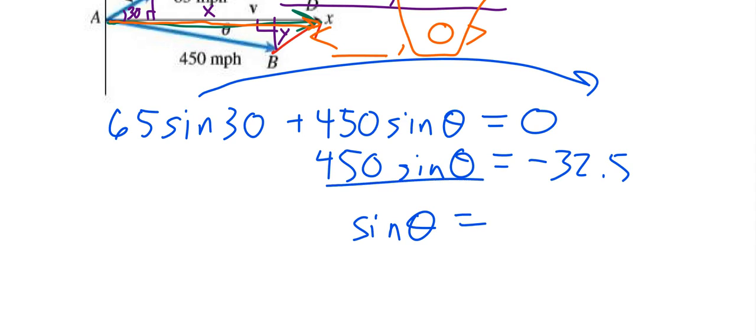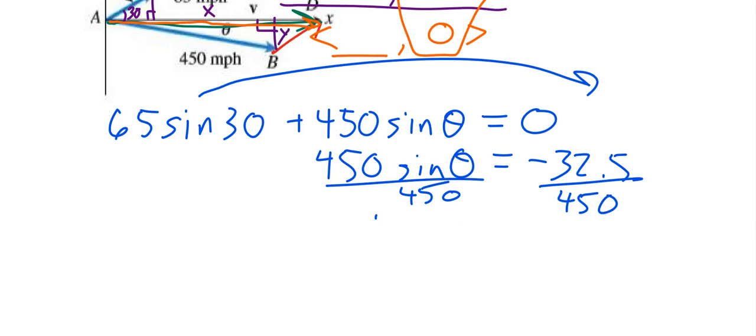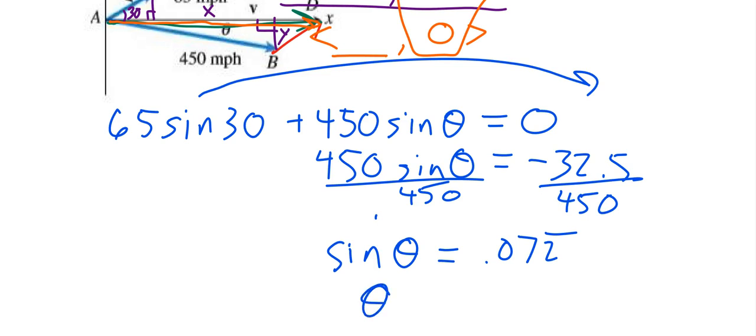Okay, so now sine theta, so we're dividing by 450. What do we get for theta? Theta is 4.14 degrees.